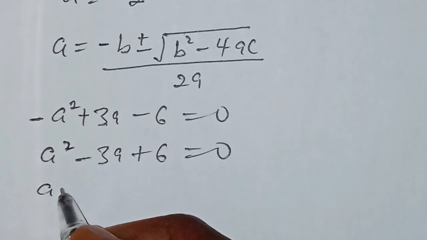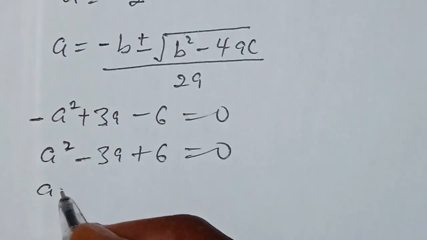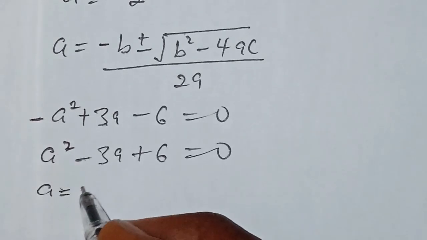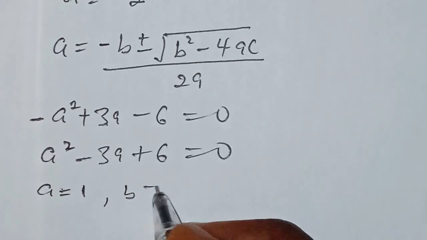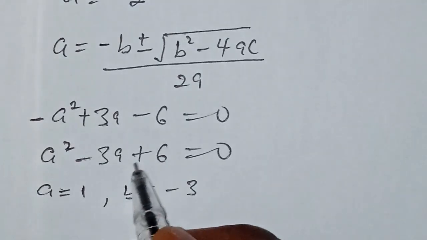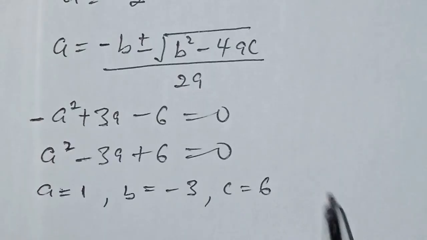Considering the quadratic equation, the coefficient of a squared is 1, b equals minus 3, and c equals 6.